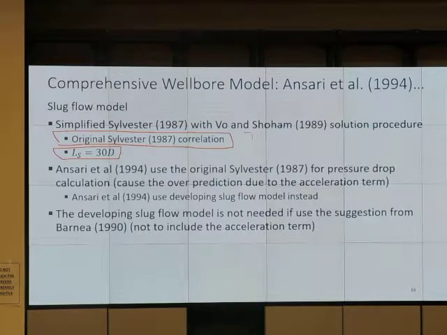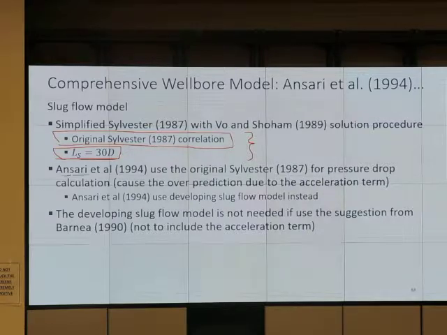This kind of slug model typically needs two closure relationships: slug length and VGLS. If you don't use slug length, you can use frequency. They decided to use LS equal to 30 diameters.